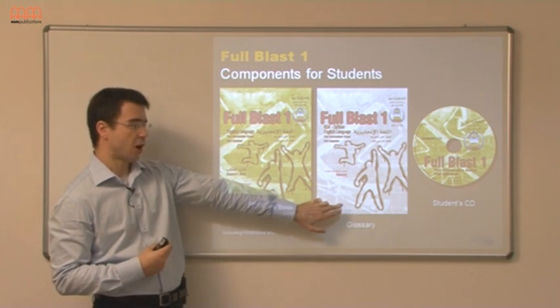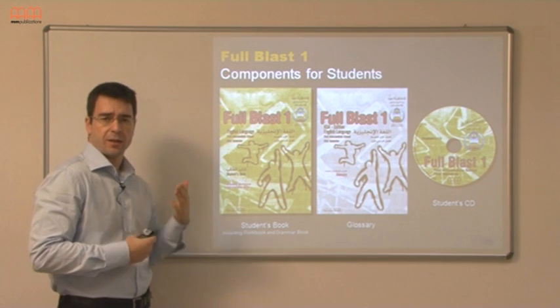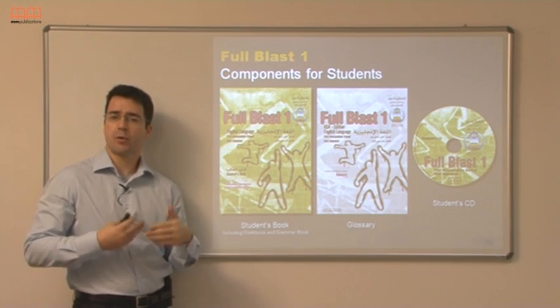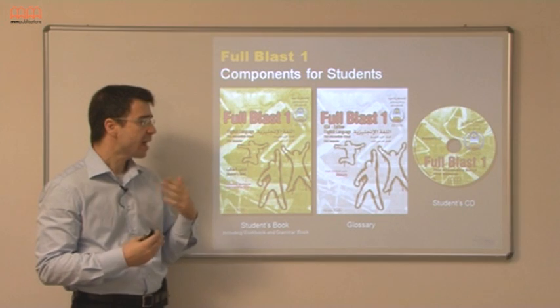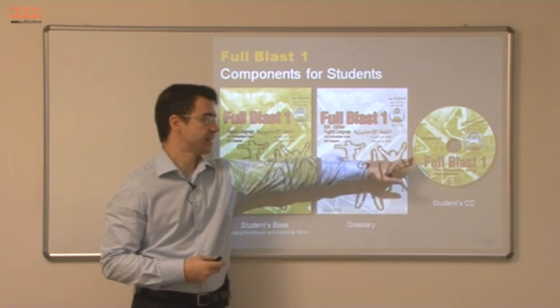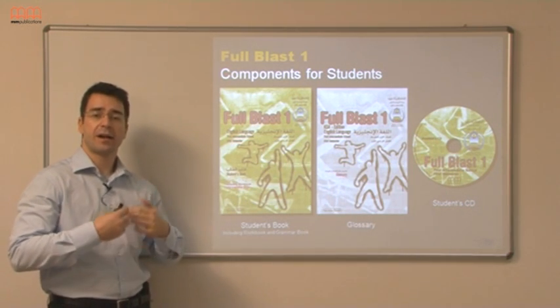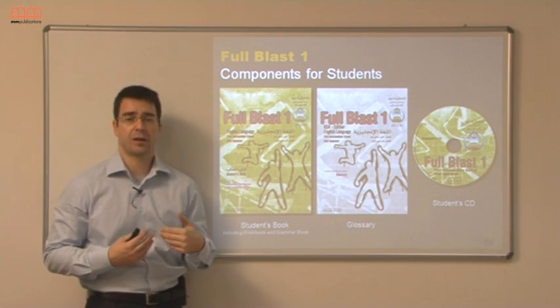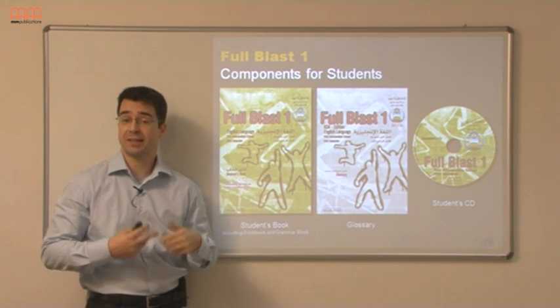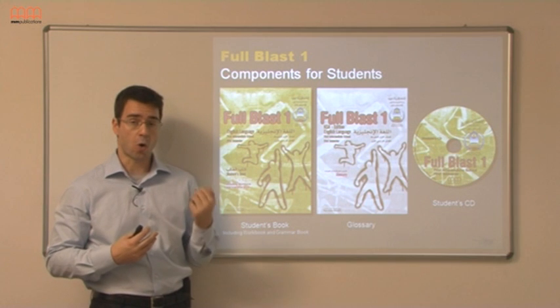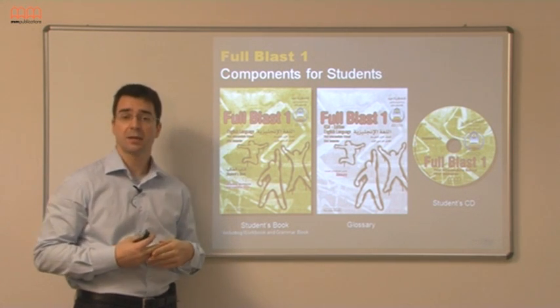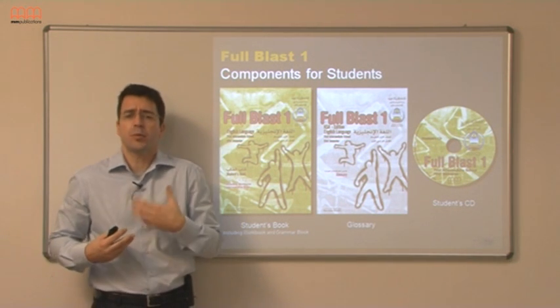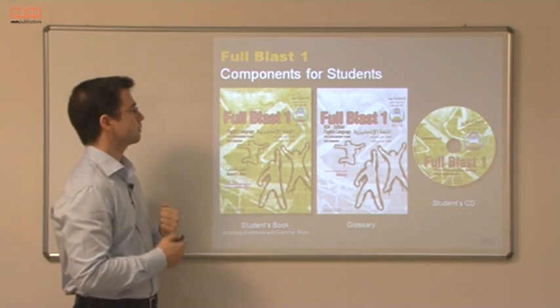There is also a glossary, which includes the key vocabulary translated in both English and Arabic. And there's also a student's CD. On this CD, we have, for example, recorded some of the texts, so students can go home, listen to these texts, practice reading them, and improve their pronunciation.